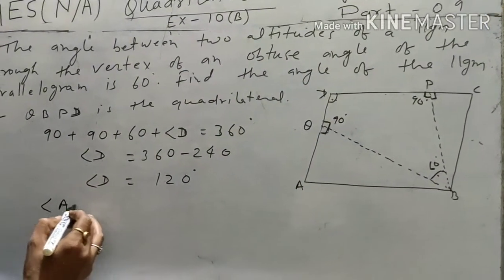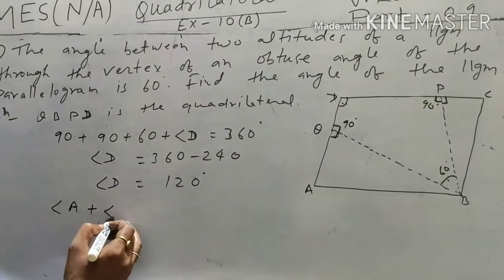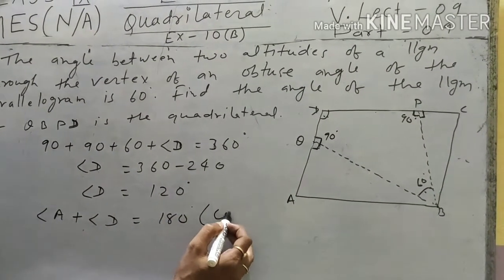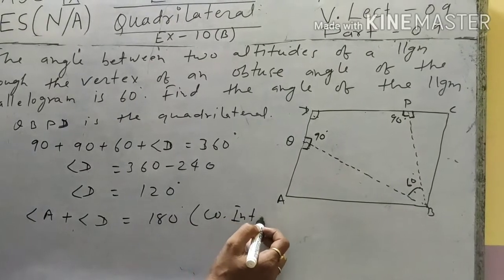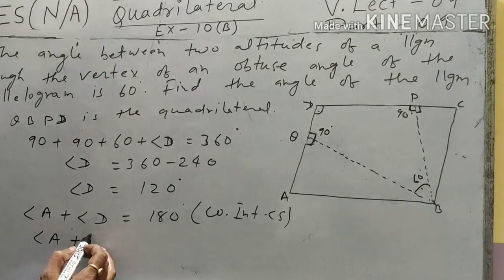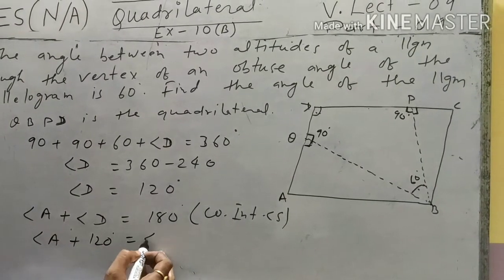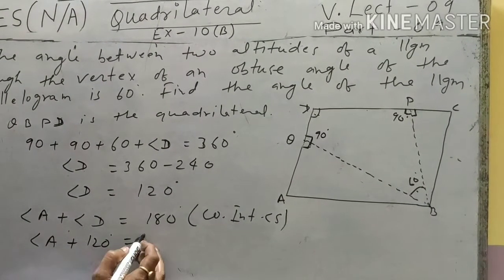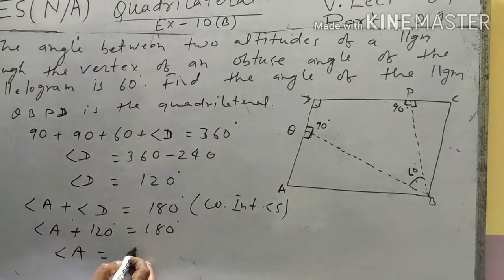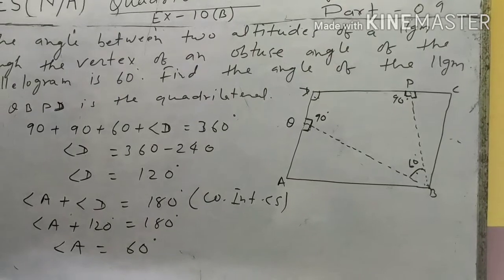So we know that angle A plus angle D is equal to 180 degree by co-interior angles. So here angle A plus 120 is equal to 180 degree. So angle A is equal to 60 degree.